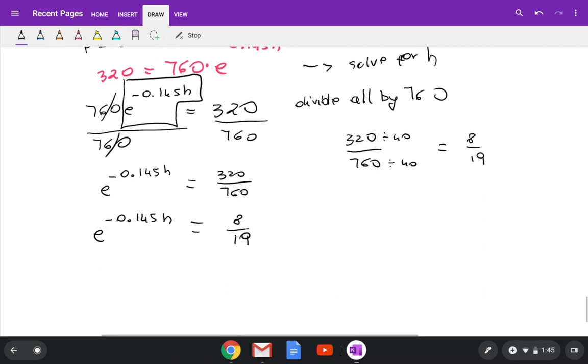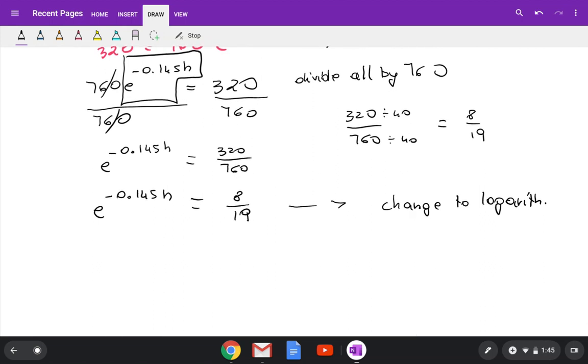Now you have an exponential, which means change to logarithmic. The base of this exponential function is e, so the base of our logarithmic function is also going to be e. Next, those expressions will switch position.